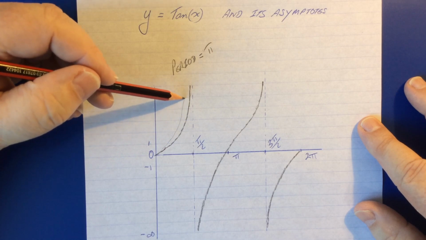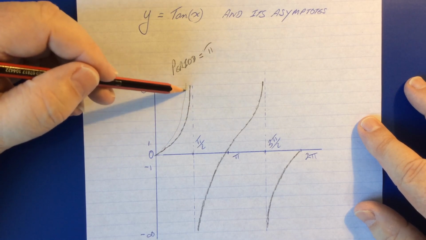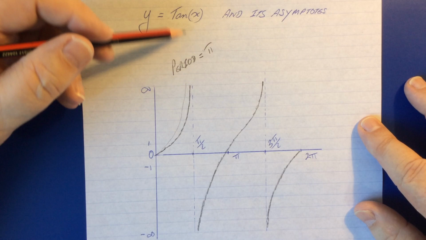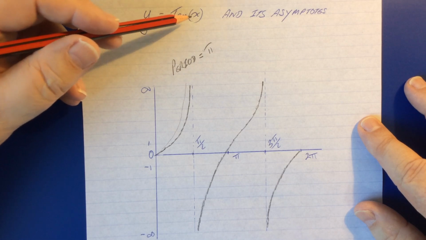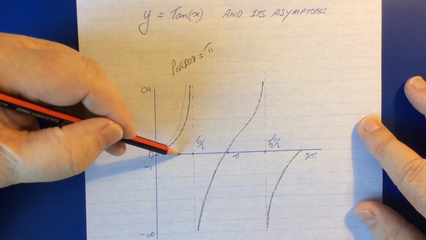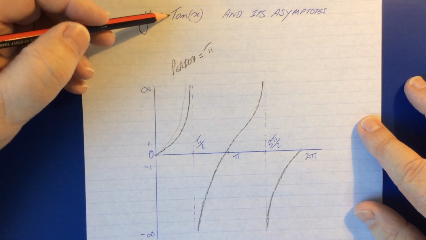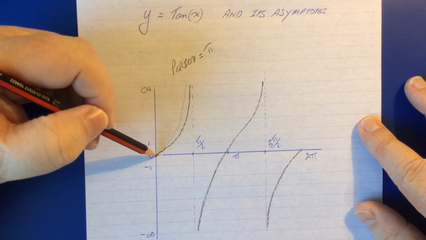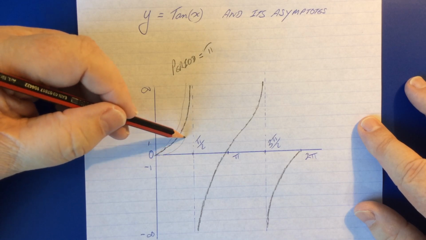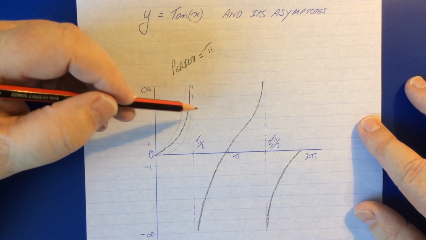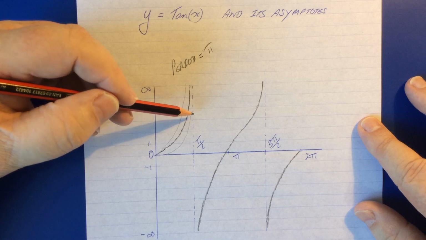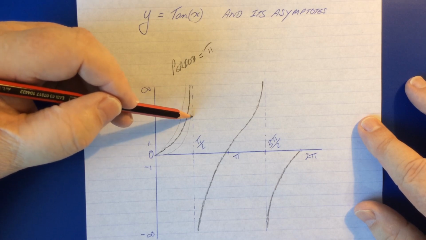It increases the values of the tangent, so it pulls away from the x-axis, or if it's a number smaller than 1, it will come closer to the x-axis. But in either event, it will not touch this asymptote.